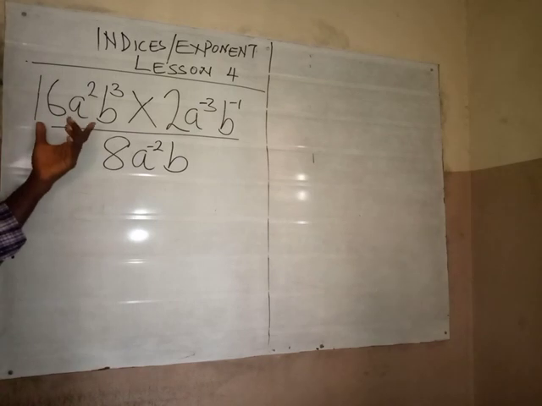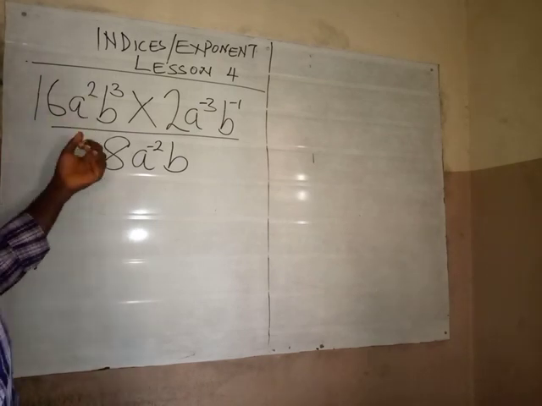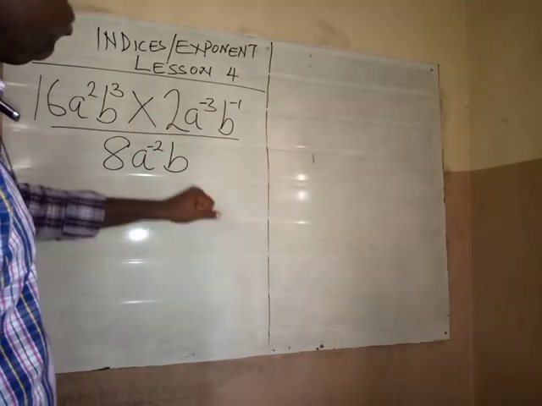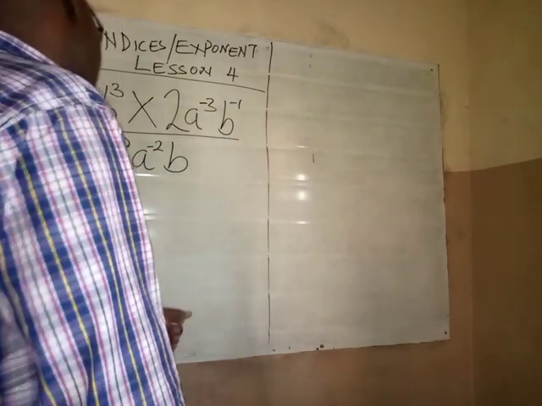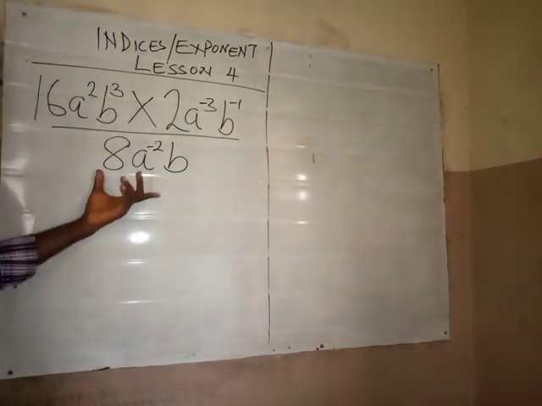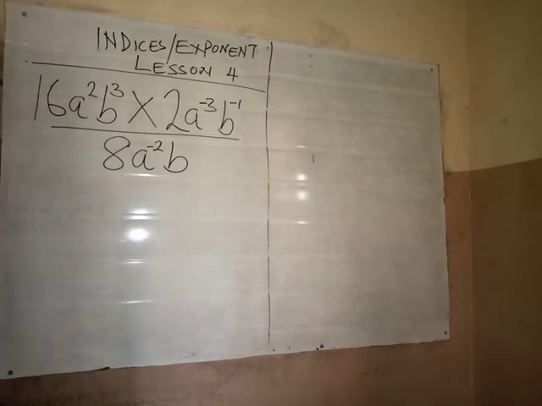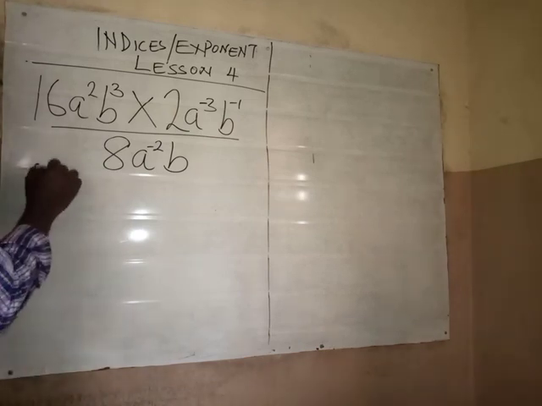What we have here is 16a^2 b^3 times 2a^-3 b^-1 divided by 8a^-2 b^1. So how do we go about the solution?